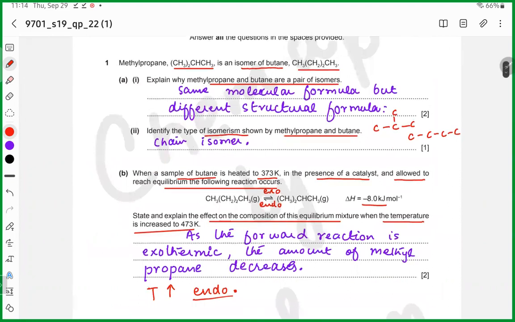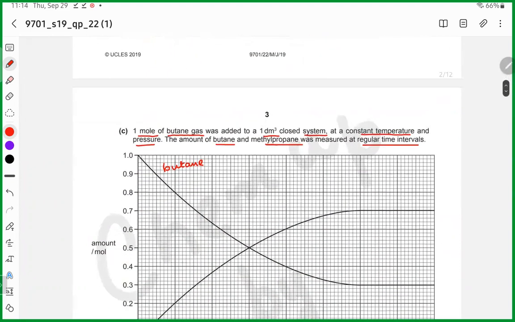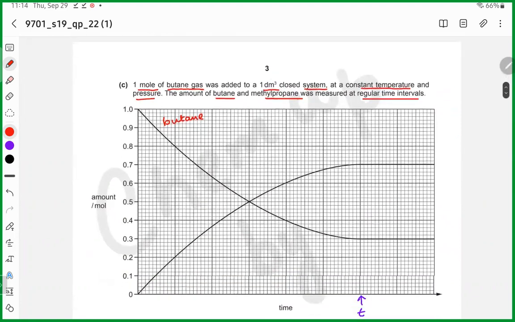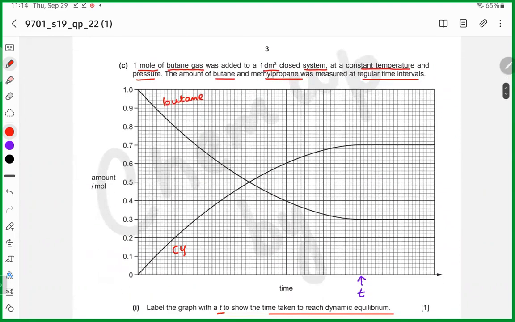Here in the equation, its amount gradually decreases as the reaction proceeds. And this curve is for methyl propane.